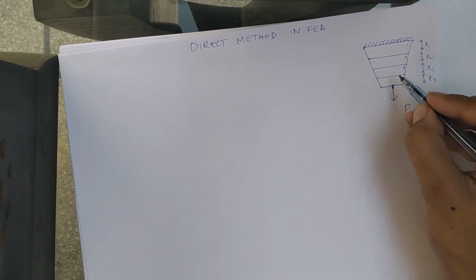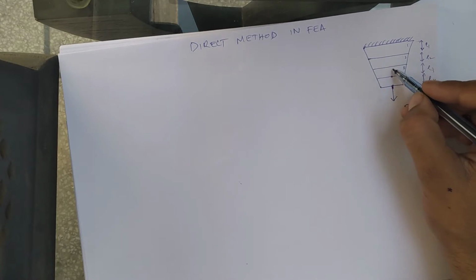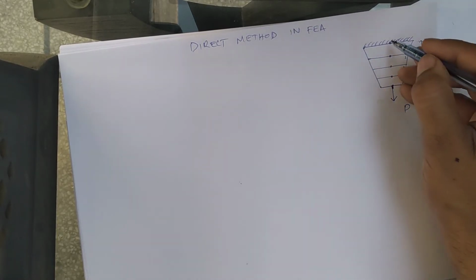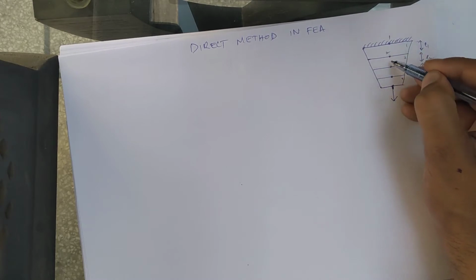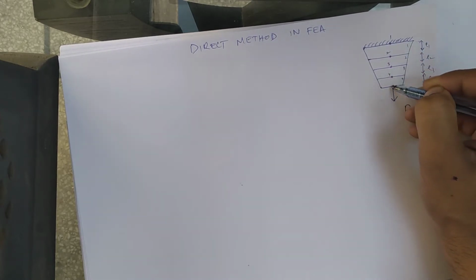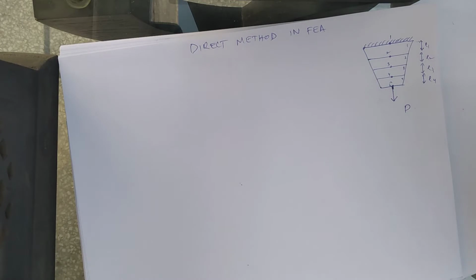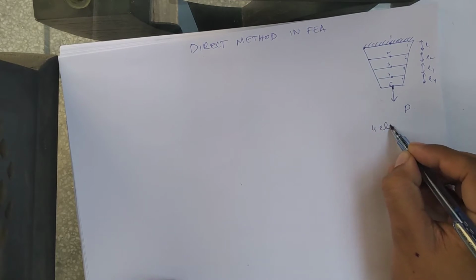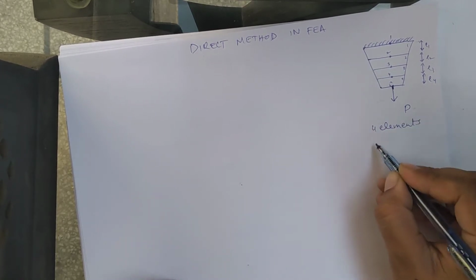As I told you, it's a one-dimensional problem, so these will be the nodes which will have a deformation only in one direction. So let it be node 1, node 2, node 3, node 4, and node 5. So we have divided this problem into 4 elements and 5 nodes.